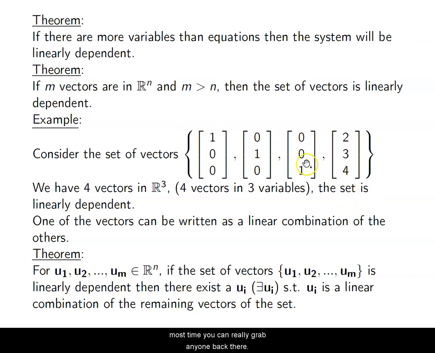Most of the time you can really grab any one vector out and write it as a linear combination of the others. So there exists not a unique vector, there is just any one vector, or it actually could be a set of vectors that you can pull out and write as a linear combination of the remaining vectors in the set.